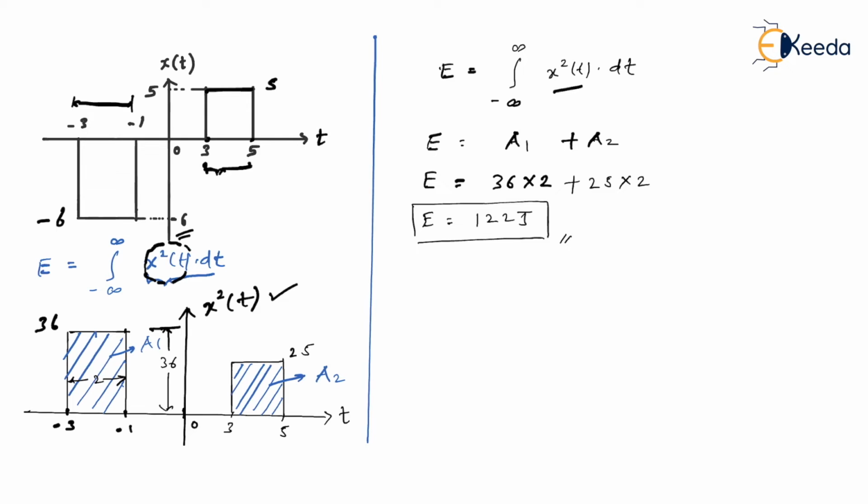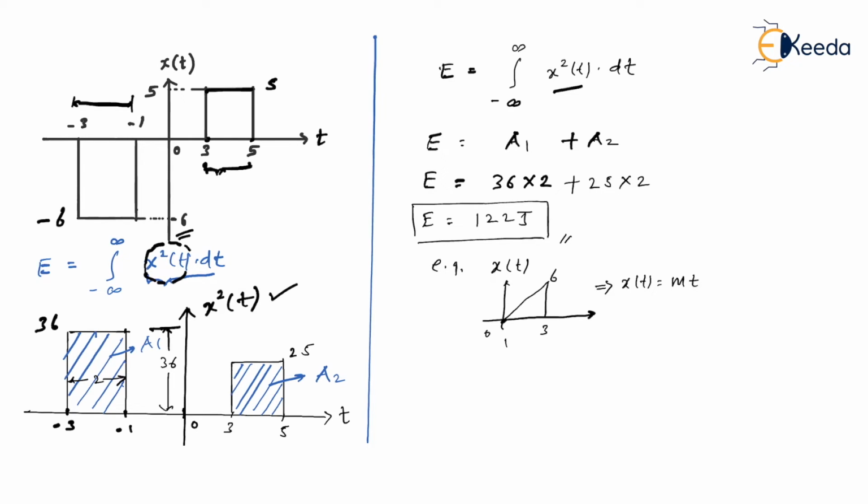Now let me take an example here. For example, if we have such x of t, okay, now if you see, its equation is like this, that is x of t is equal to m times t, that is a straight line passing through origin.